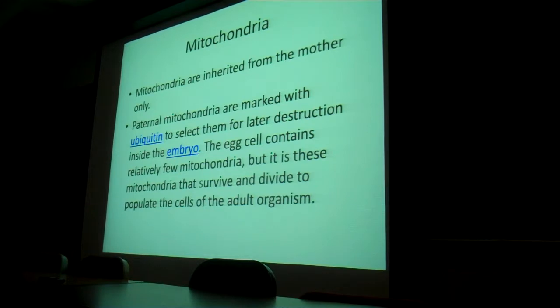I think it's nice to remember that mitochondria come only from the mother, and this is why you can trace your maternal origins by just using the mitochondrial DNA. Because we keep sort of neglecting the mitochondria. When we talk about our DNA, well, mitochondria have their own DNA.